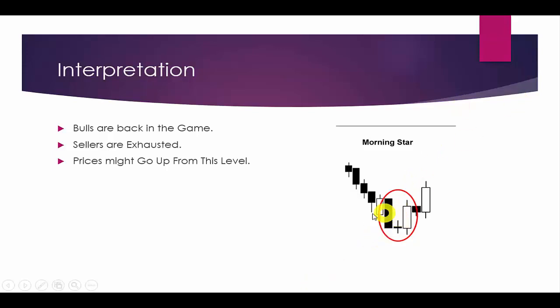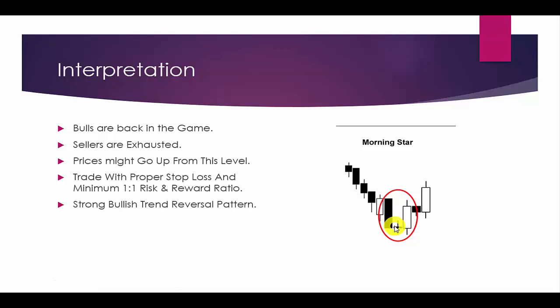There are strong chances that the trend has changed. We will trade with a proper stop loss and a minimum 1 to 1 risk to reward ratio. It is one of the strongest bullish trend reversal patterns.